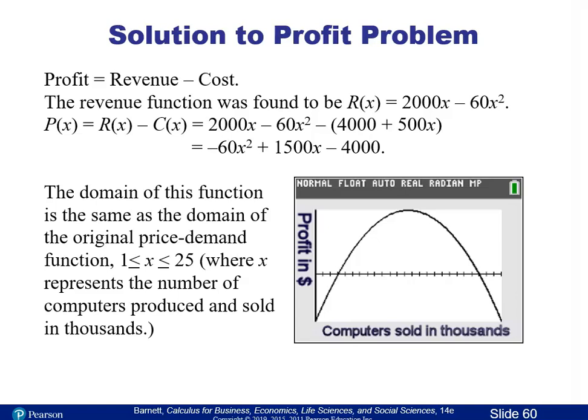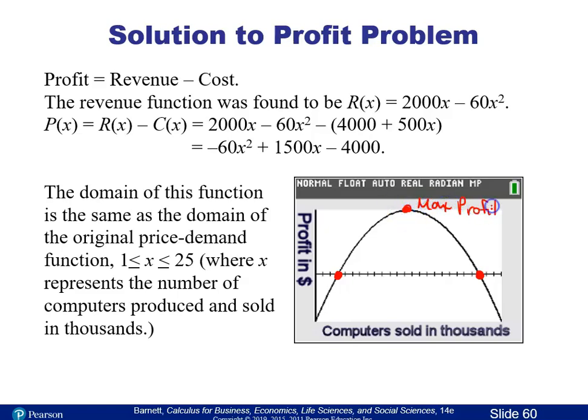Okay, so just to kind of give you a visual of what we're talking about, this is the graph of profit. Okay, so profit, we have what's called our break-even points when the profit is equal to 0 or when the revenue equals the cost. So graphically, these 2 points here are the break-even points, and then this point here would be the maximum profit.